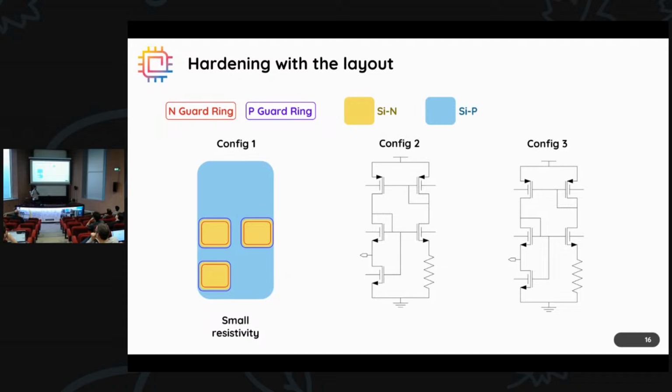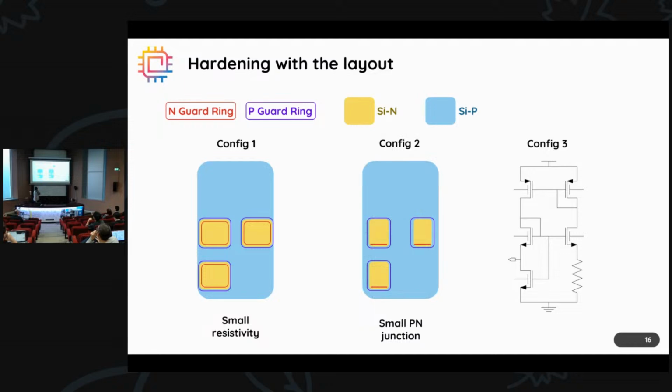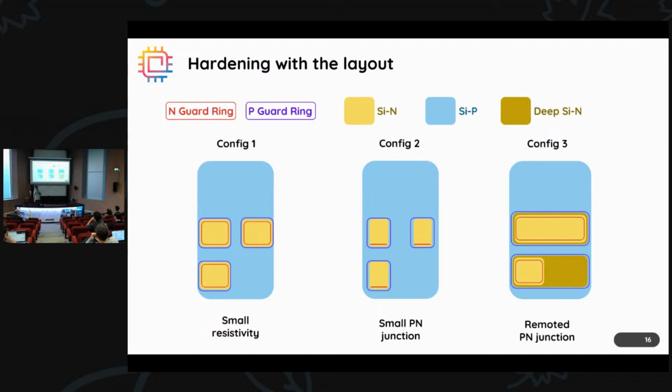Another configuration aims to reduce the PN junction size as much as possible, so as to reduce currents. And finally, the last configuration is to put the PN junction farther and farther from the transistor, so the impact will probably be reduced.